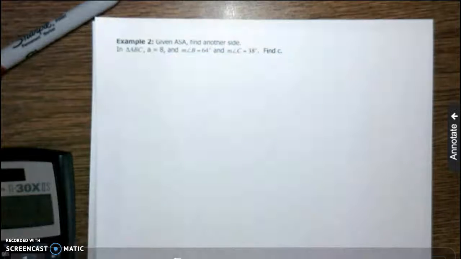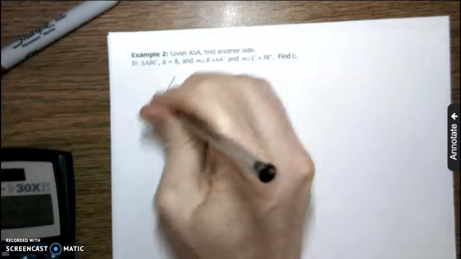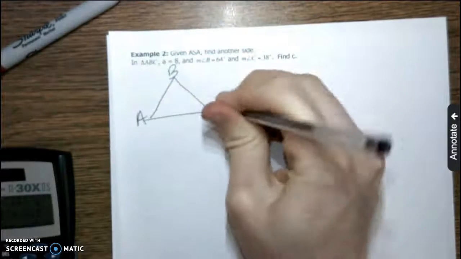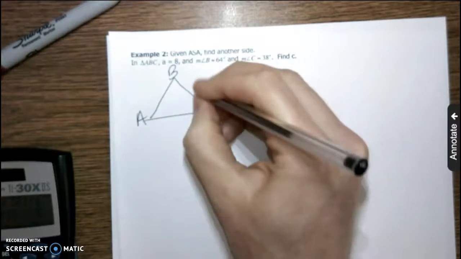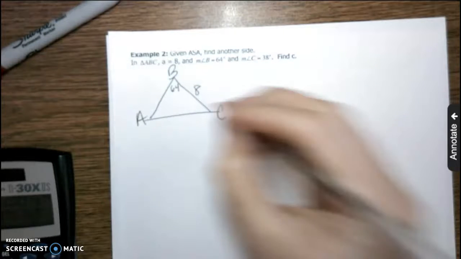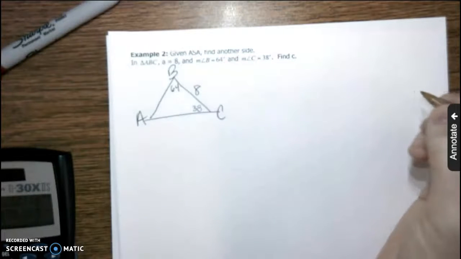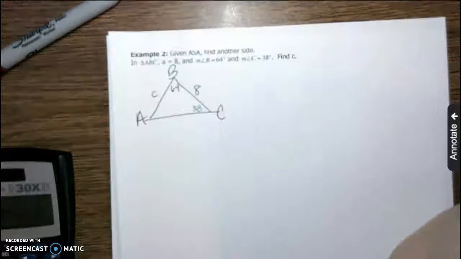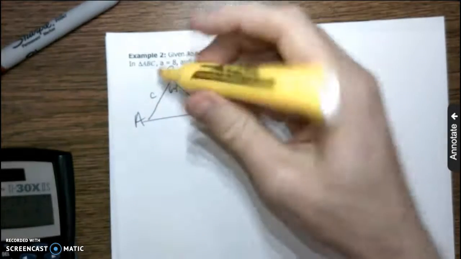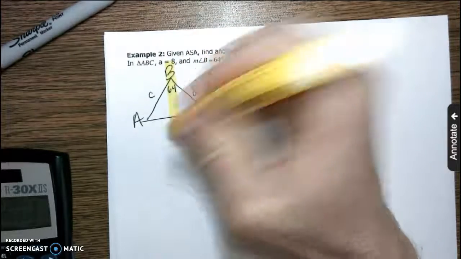In example 2, let's draw that picture. Side A is 8, angle B is 64, angle C is 38, and side C is what they want us to find. So let's look at our opposites. Angle B is opposite of side B, which they didn't talk about.